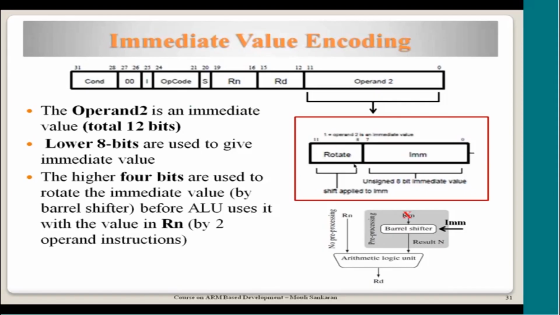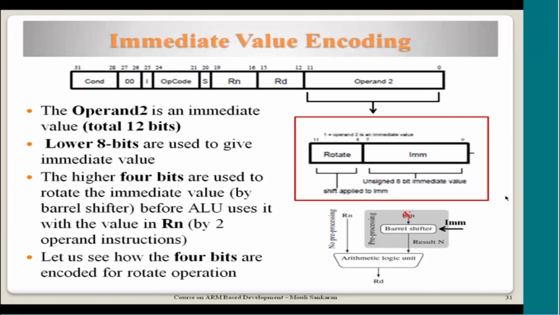This value whatever is mentioned is multiplied by 2 and then taken as a rotation, and then used as operand 2 for the ALU. So if you don't understand now, please wait. In the next example you will be able to understand it. Only thing is you have to remember that this is another format based on this bit position. It will be interpreted in a different way. Okay. So there is no Rm here. It is an immediate value with a rotate, some 4 bit content saying how much to rotate.